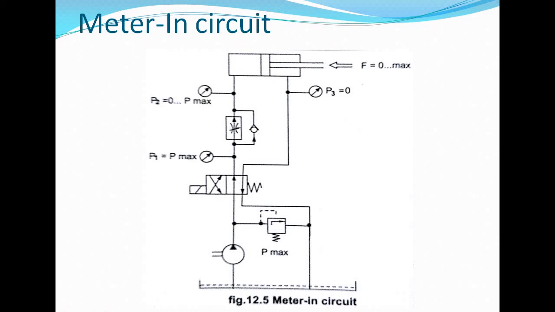Due to this throttle valve, we can control the flow of the oil, but in the other direction there is a check valve. Through this check valve, since there is no resistance, oil will flow directly through this branch to the tank, from this port to this port and to the tank. This is how the meter in circuit will work.